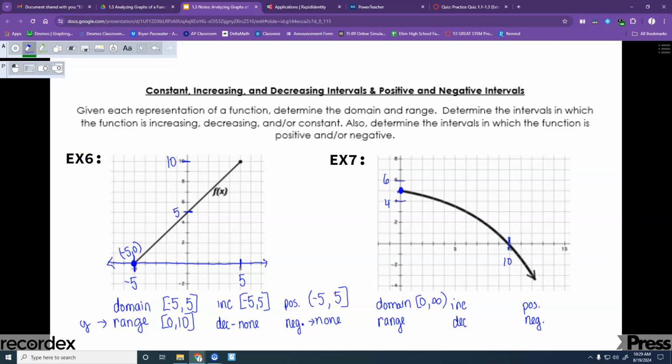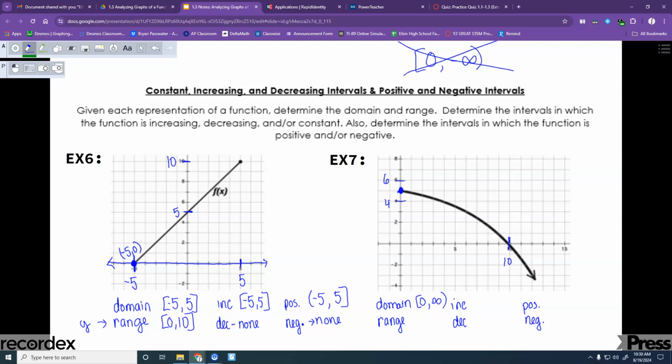Now it is going down, which makes you think negative infinity. But is it ever going to be correct to do this, 0 to negative infinity? If you see this as the answer choice on that quiz, you can mark it out because it doesn't matter what question I asked you, that's wrong. You can't ever have a negative infinity on the right-hand side. So 0 to infinity for domain.